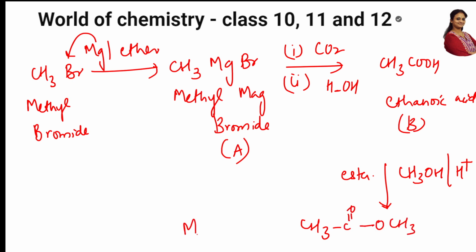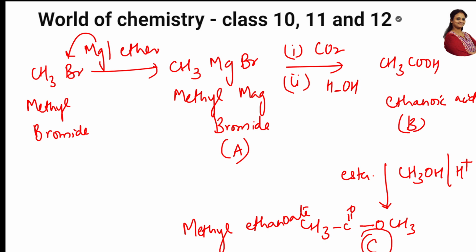This compound is methyl ethanoate. The parent chain goes with the larger group, eth, and then the substituent methyl. So methyl ethanoate.